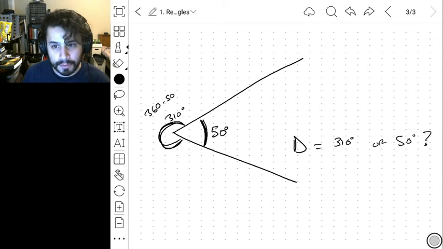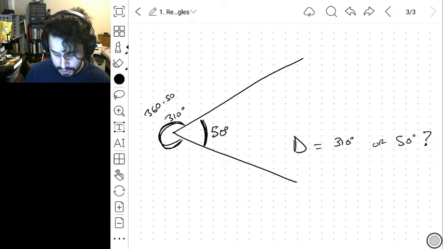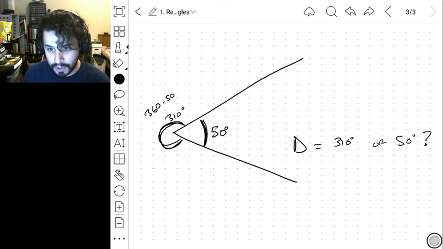For the most part, we will go with the smaller number. You will hardly see a situation where 310 degrees is used, as opposed to 50 degrees in this case for angle D. But if someone wants you to use 310 degrees, they can be more specific about it and say they want the exterior angle or the positive angle, as it's another way of calling it.